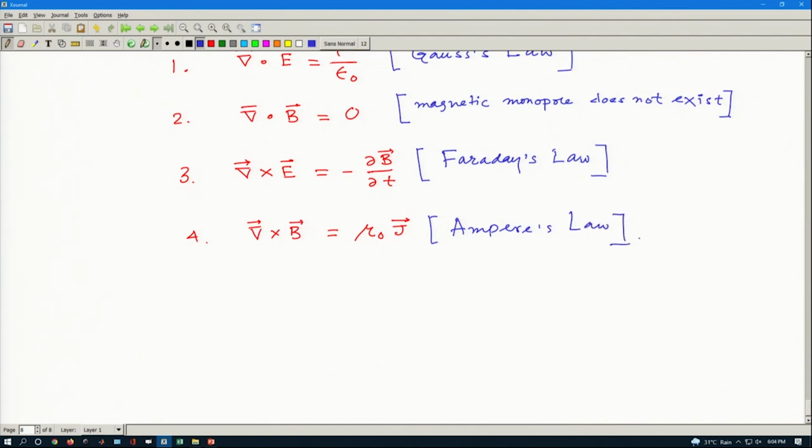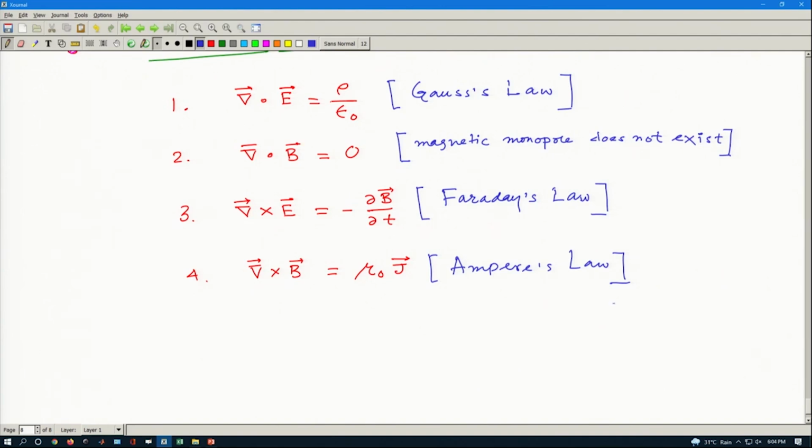So, these are the four laws we have, not four laws, three laws are there and one some sort of identity. So, two equations are related to the divergence and two equations are related to the curl of the electric field and magnetic field respectively.